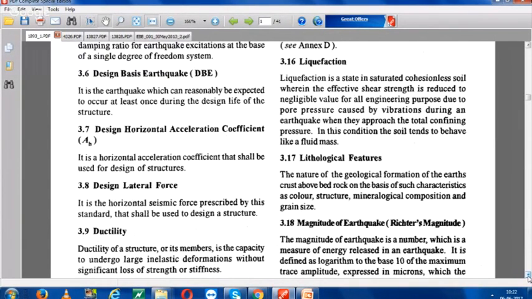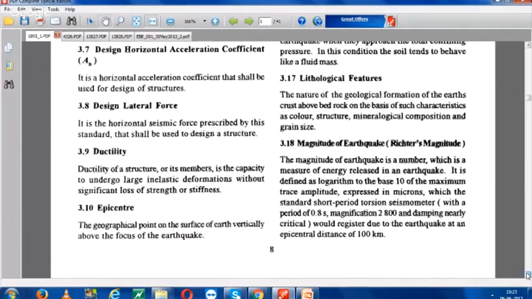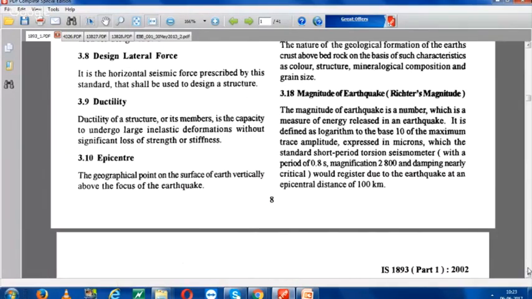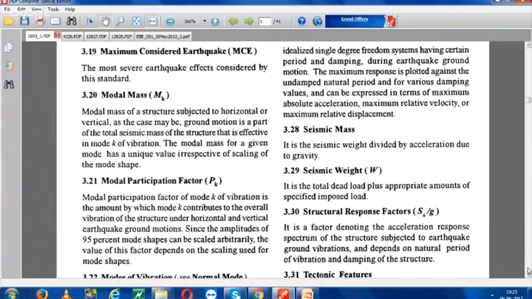But the probability of the maximum considered earthquake is only 2%, that forces beyond the maximum considered earthquake will come if an earthquake hits any region. So here all the terminology is given. You can read it from your code.